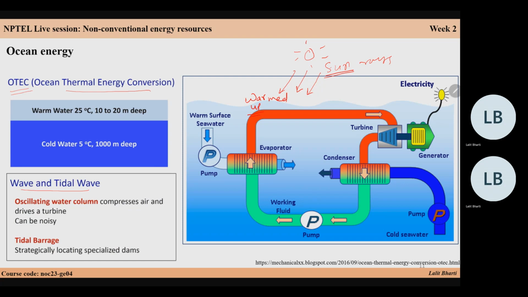So we can see the surface temperature is around 25 degrees Celsius up to 10 to 20 meters. Whereas when we go deep inside the sea, the temperature can go down to 5 degrees Celsius. So we use this temperature difference.